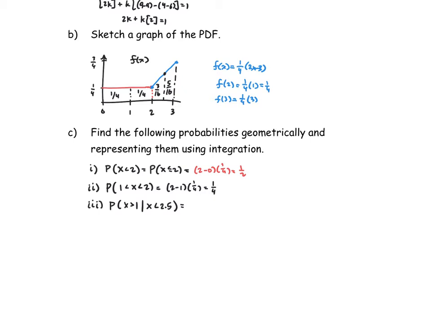Okay, so let's look at the probability that x is greater than 1 given that x is less than 2.5. Well, how you do that is you find the probability that x is both, right, greater than 1 and less than 2.5 over the probability that x is less than 2.5.